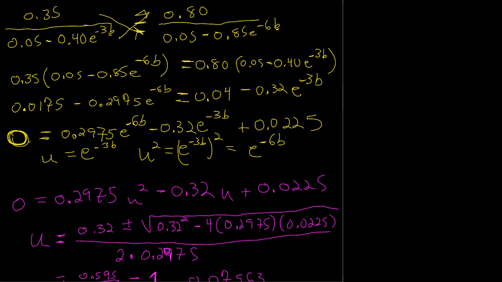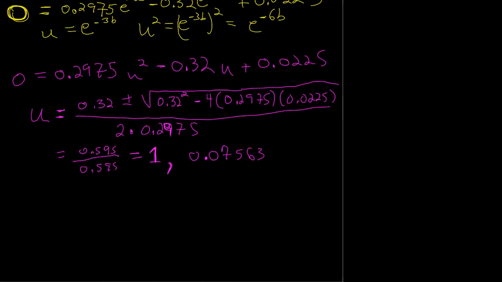But because this was not in a form where a variable could come downstairs, we used a substitution to make it quadratic in form. I think I did a couple quadratic in forms when I was still standing in front of you in a classroom covered in chalk dust. And so now I know u is 1 or 0.07563.